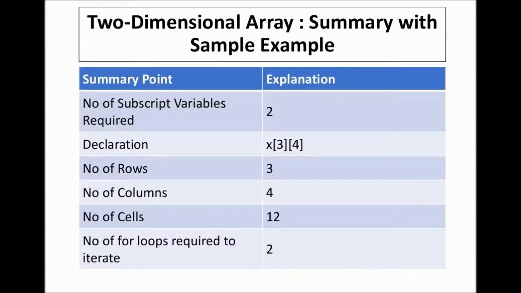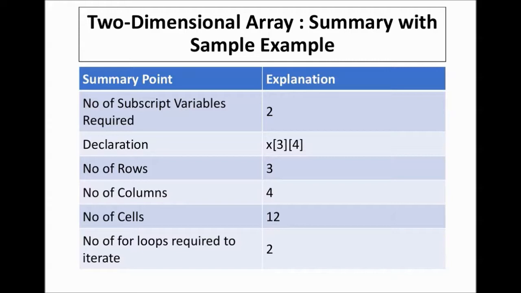So here are some summary points. The number of subscript variables required for a two-dimensional array is 2, and to declare a two-dimensional array we write the array name and the number of rows and columns.